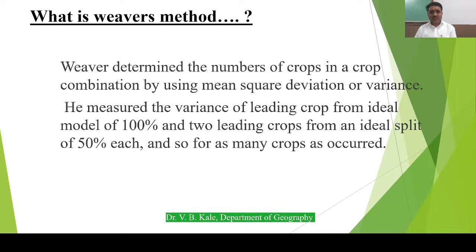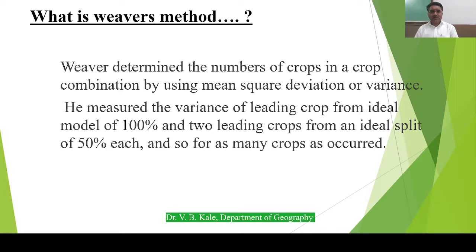Means what? He measured the variance of leading crop from ideal model of 100% and two leading crops, or from an ideal split of 50% each, and so far as many crops has occurred. As we know that in the same field we can grow various crops as like sugarcane, grapes, vegetables, food grains, fodder, and many more.